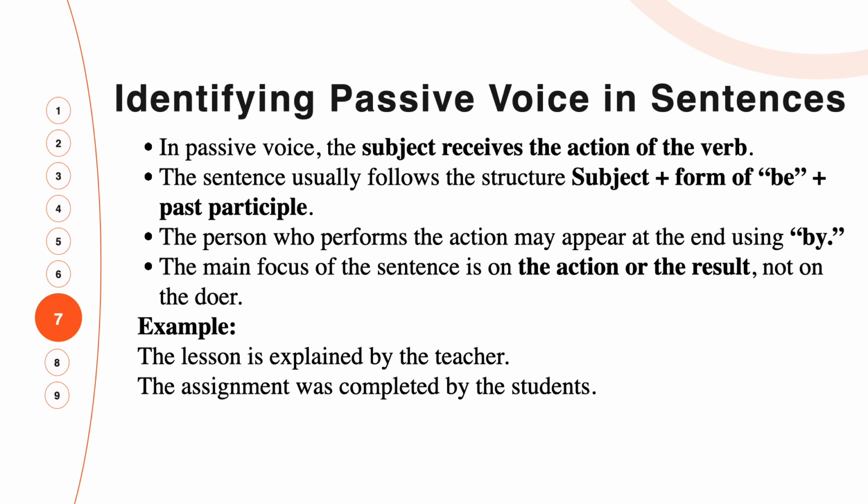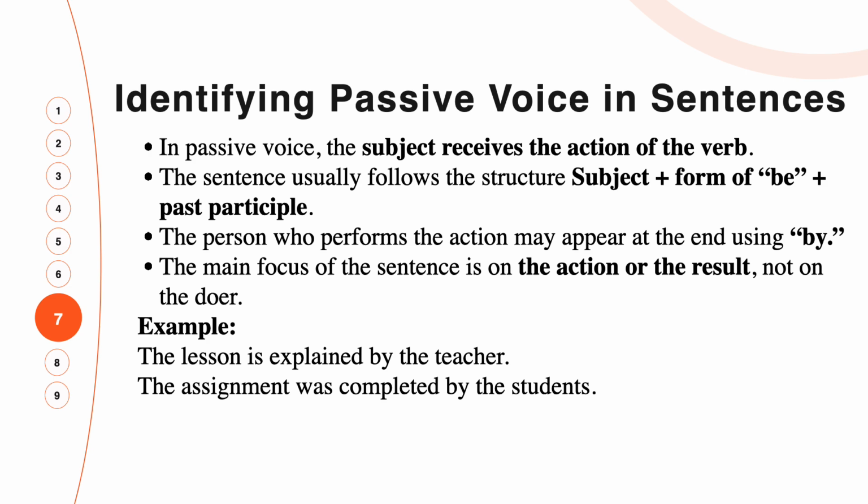Sometimes the person who performs the action appears at the end of the sentence. It is introduced with the word by. However, in some sentences, the doer may not be mentioned at all. For example, in the sentence, the lesson is explained by the teacher, the subject is lesson.